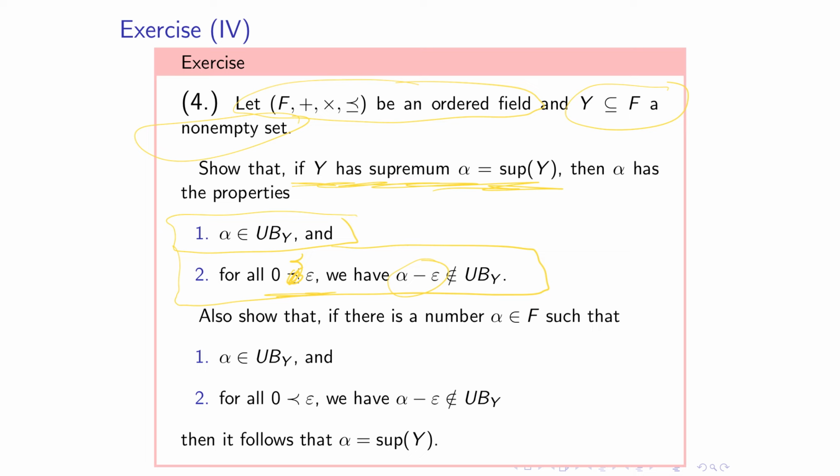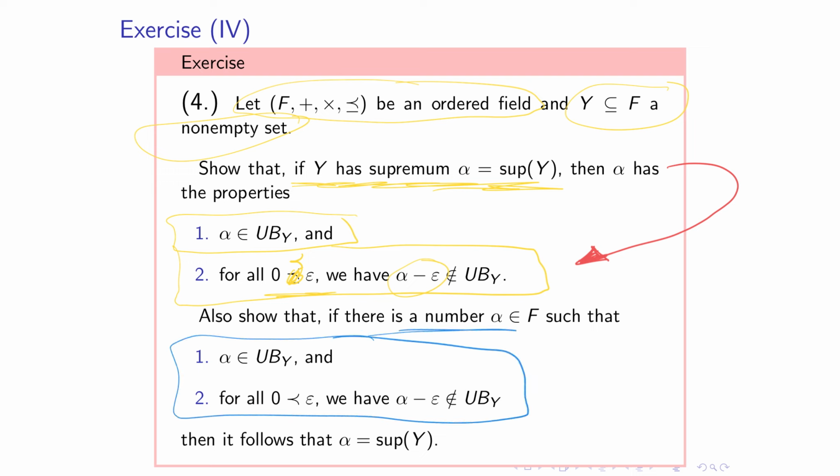So that's a very important property of the supremum. And in fact, this goes in both directions. We just saw that from the supremum, you can infer these two properties. But in fact, this also goes the other way around. Any number which satisfies these two properties must be the supremum.